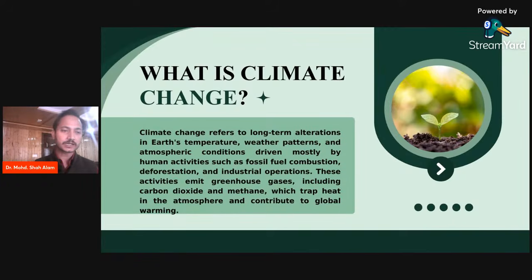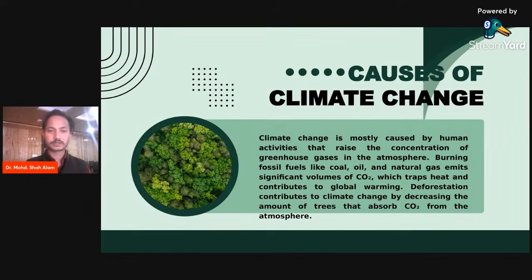These activities like deforestation and industrial operation emit carbon monoxide or CH4 or CO2, which trap the rays which are coming from the sun, and that is a phenomenon called greenhouse gas, and they disrupt the ozone layer. The next slide shows what are the causes of climate change.